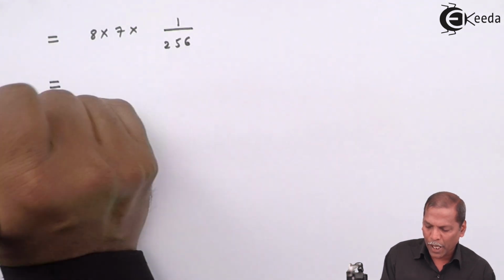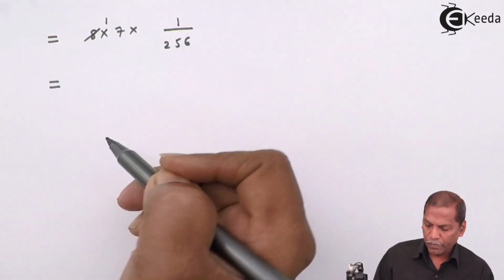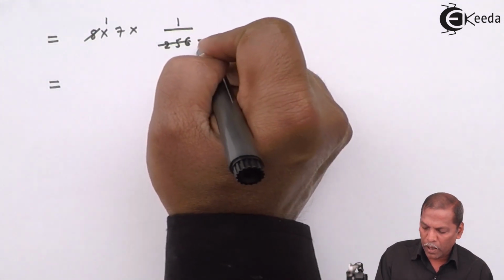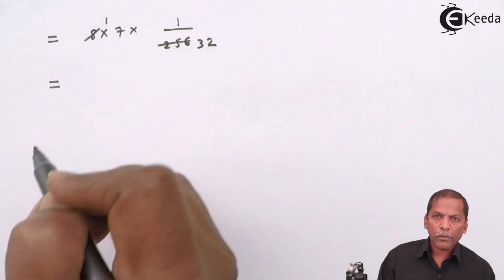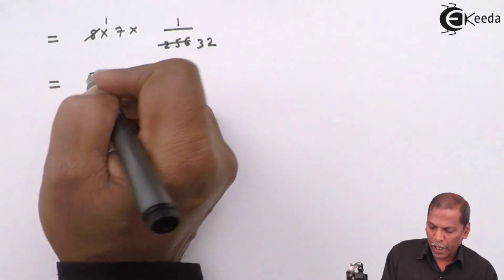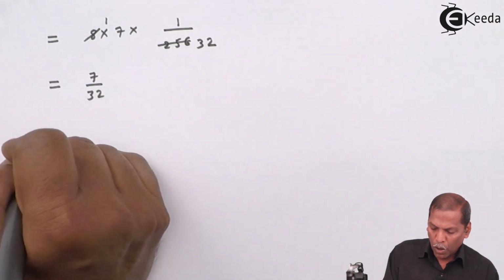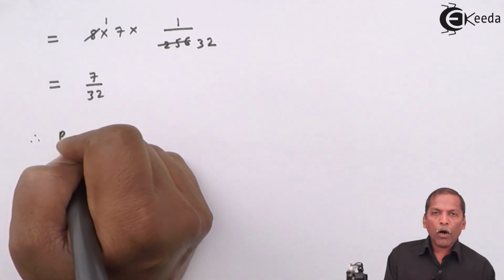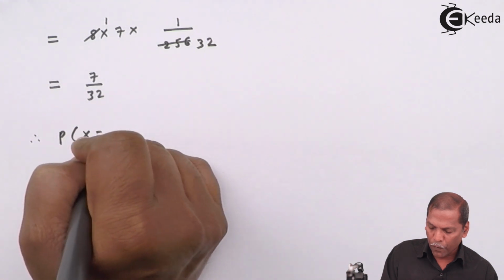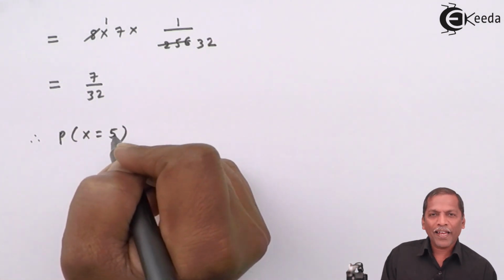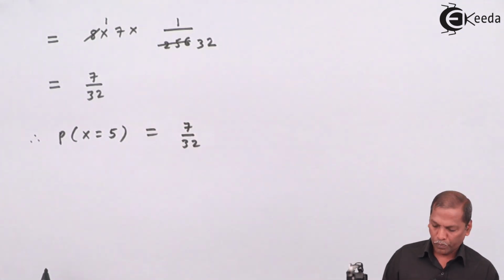Now if we go for cancellation, 8 ones are 8, 8 threes are 24, 1 left, so 16, 8 twos are 16. It means finally we get 7 upon 32. So in this way, the probability of getting heads exactly 5 times, that is P of X equal to 5, is equal to 7 upon 32.